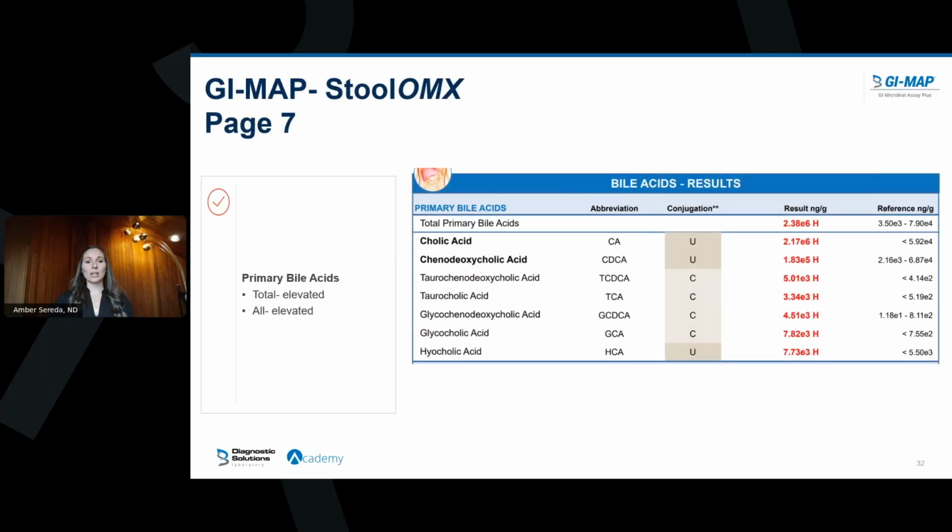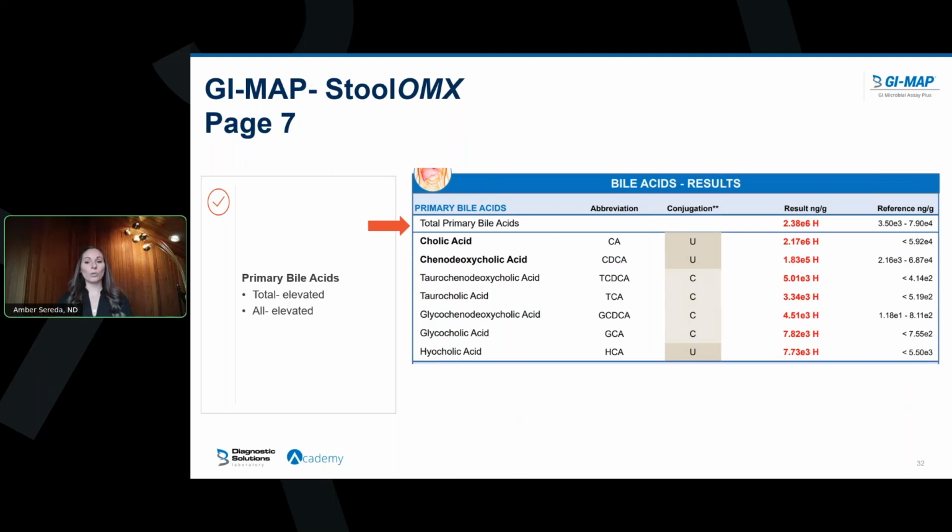So here is this middle page where we're just going to look at the top first, and this is the total primary bile acids, and you can see the total primary bile acids are high along with each of the individual primary bile acids here. And if you look at the exponent numbers on these and you look at the reference range, each of these primary bile acids is significantly elevated.